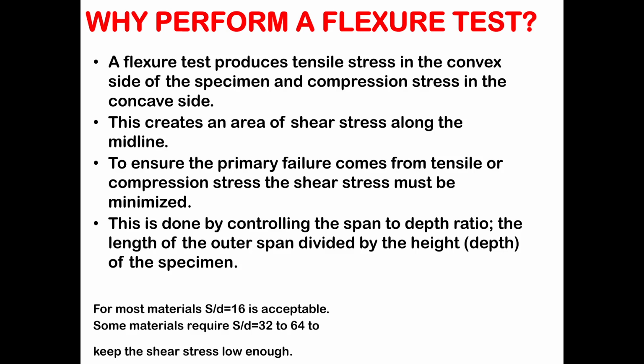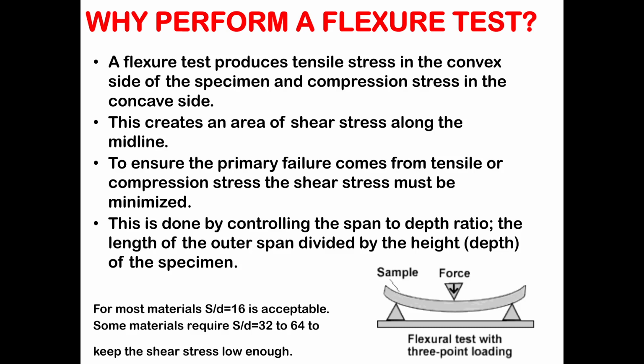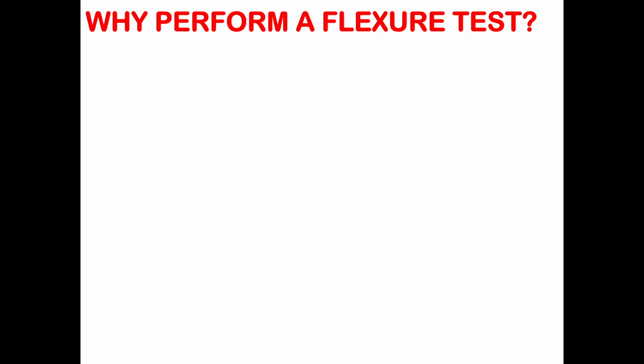Some materials require 32 to 64. It's actually not a bad idea to find the span to depth ratio of the material we use in the lab, but I will definitely provide lab instructions for you, and in that I will make sure to include all of the measurements if you haven't done the measurements before.